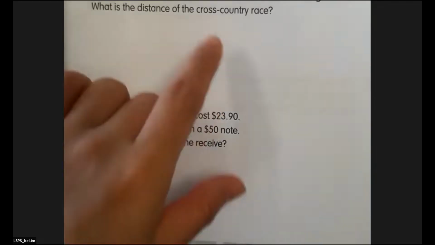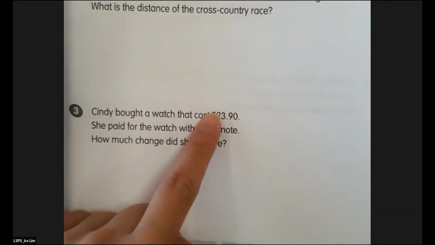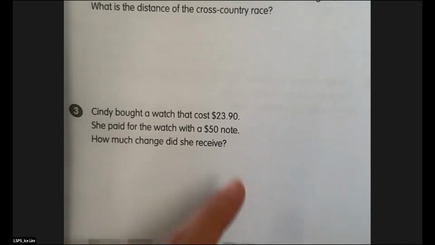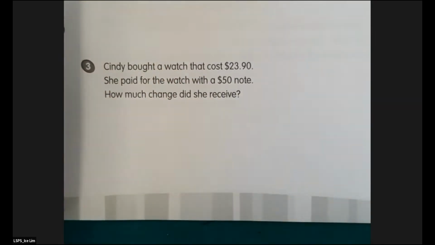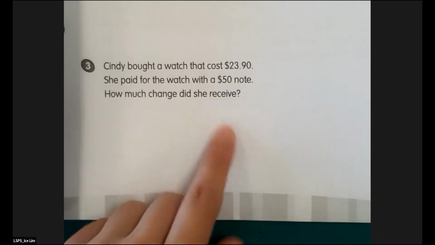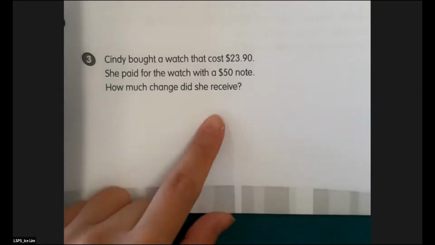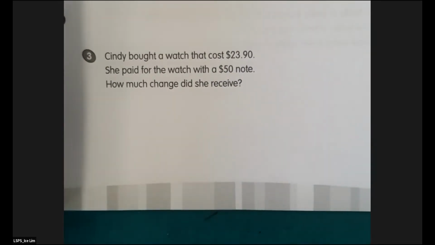We have two numbers. One is a bigger number, one is a smaller number. You need to compare and know which one is a bigger number. And the best way to solve this question will be using the model. If I draw a number line for this, no use now. No use. Can you understand what I'm saying?